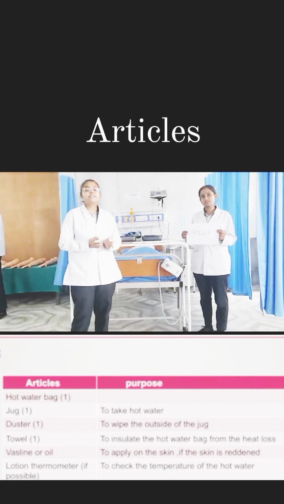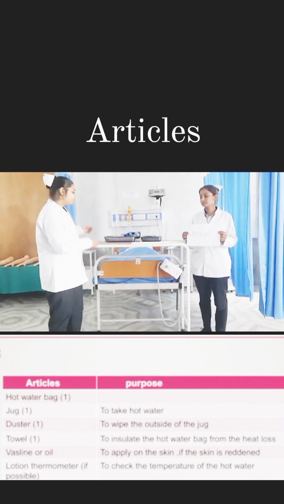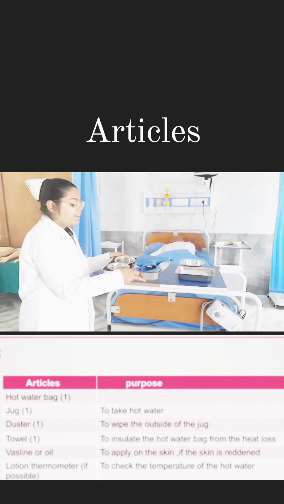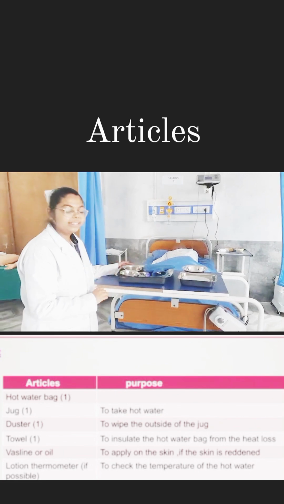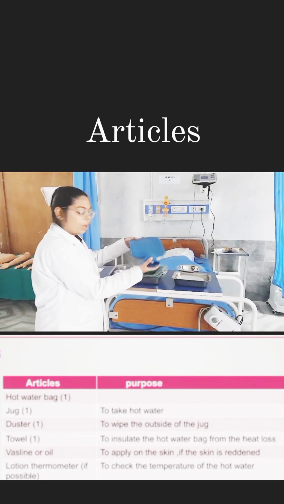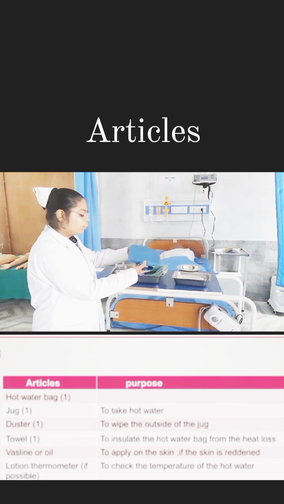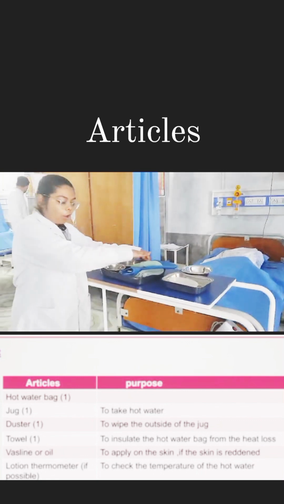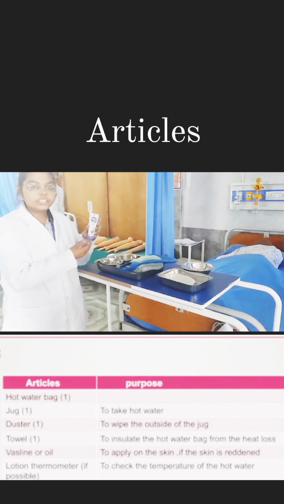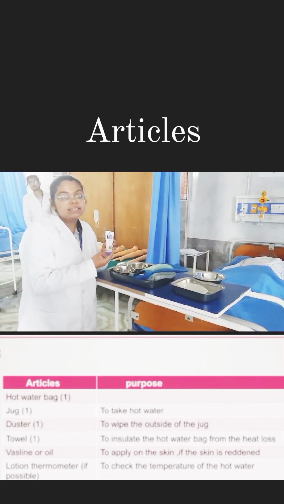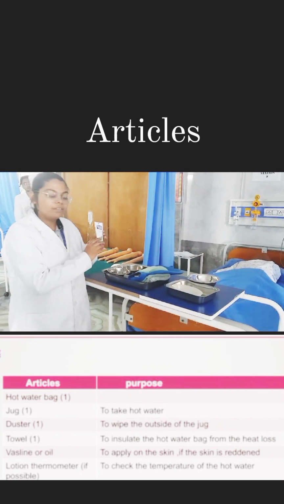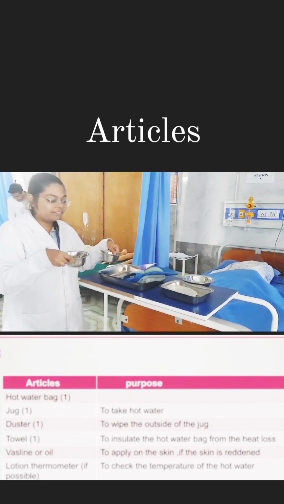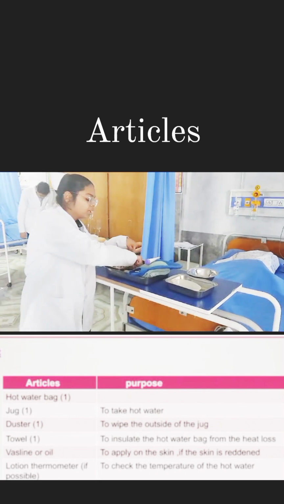The articles required for hot water application are a tray containing the articles to provide the treatment, a hot water bag to provide care to the patient, a duster to clean the hot water bottle, a lotion or a cream if there is some complication, 2 jugs, one containing hot water and one containing cold water, and a thermometer.